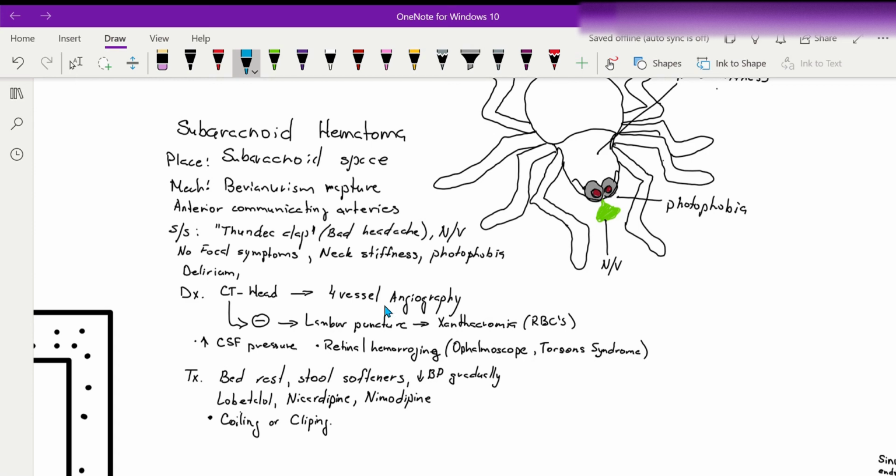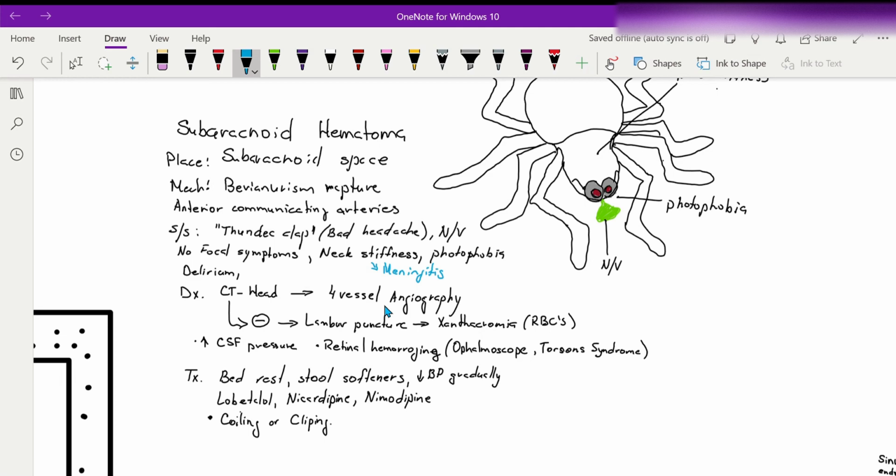They will have nausea, vomiting, focal symptoms, neck stiffness, photophobia, and delirium. Neck stiffness is similar to that in meningitis. There are two signs for meningitis, such as neck stiffness, and when you raise their leg, they experience some discomfort in their back.